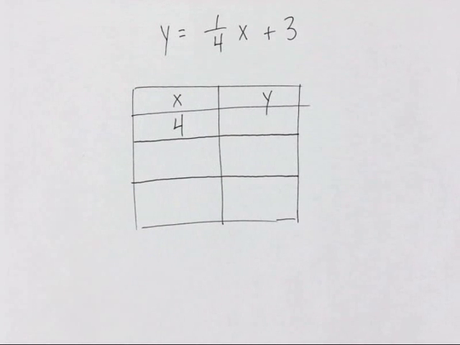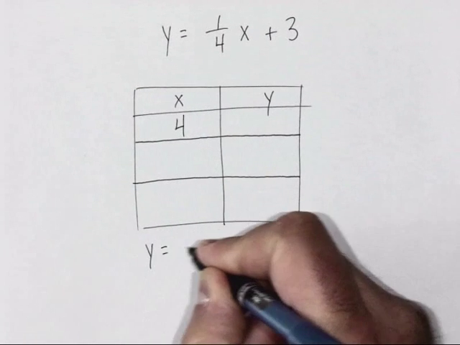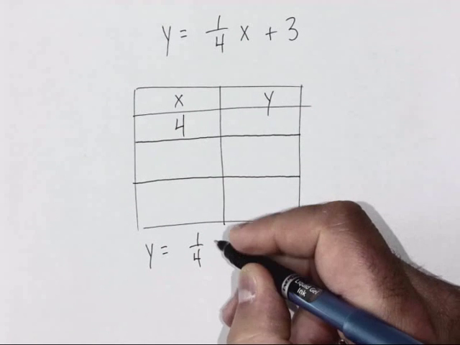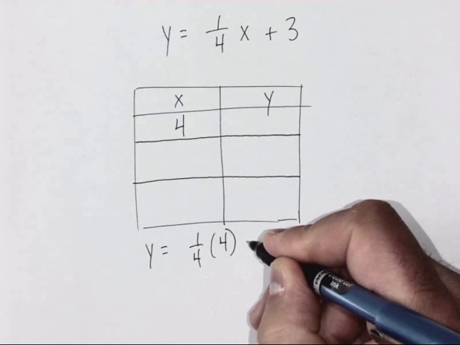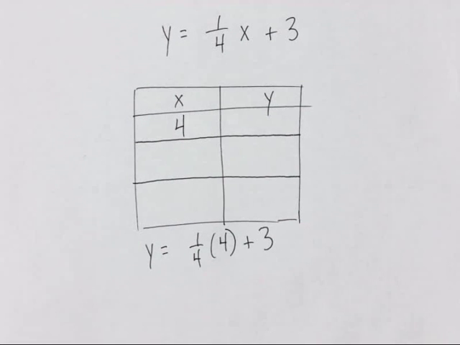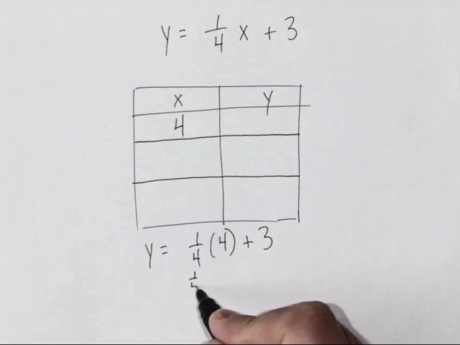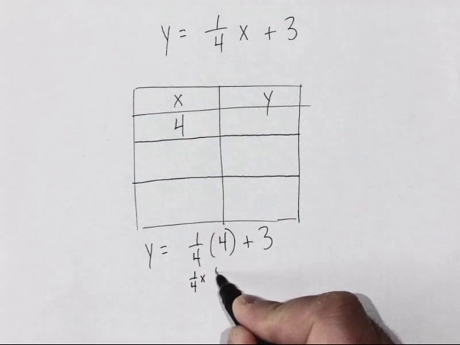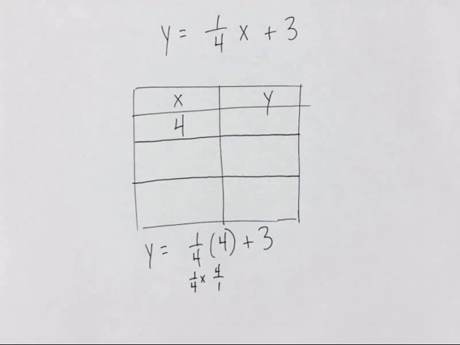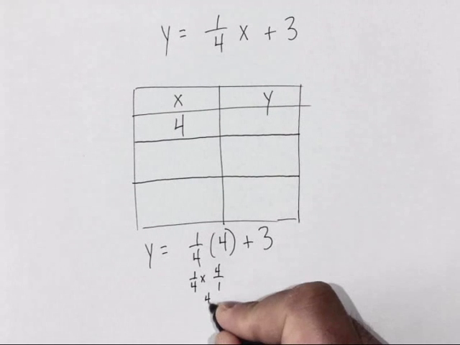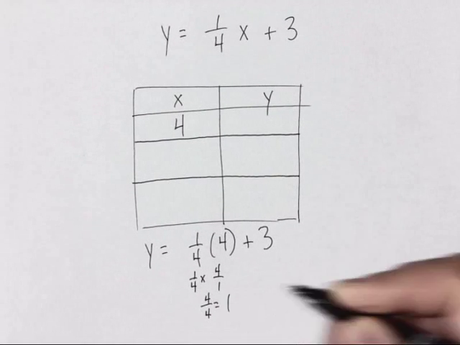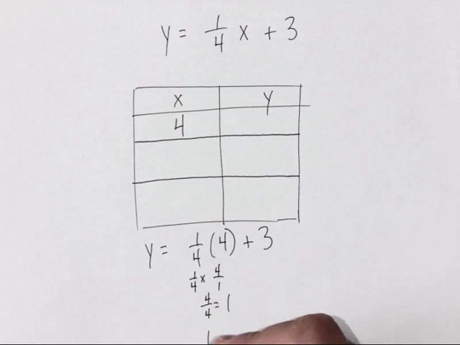So let's start there. If I plug in 1/4 times 4, which is 4 over 1, I get 4 over 4, which equals 1. So I get 1 plus 3.